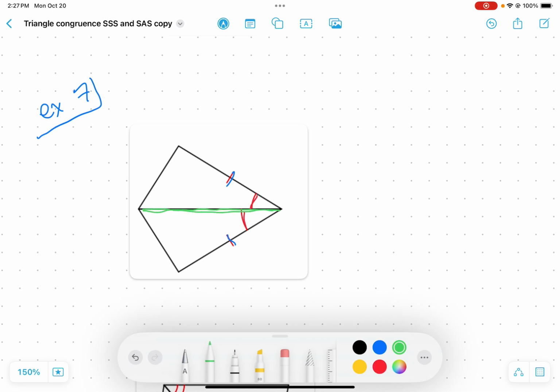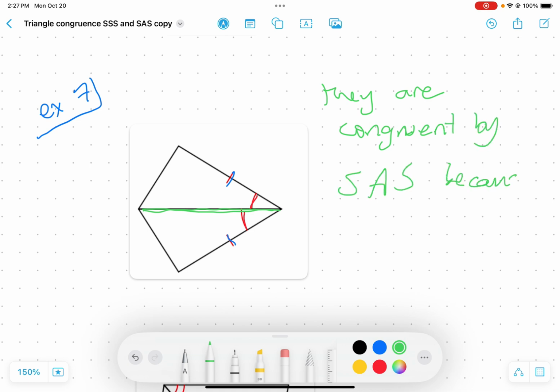So this time I can see again, they are congruent. They are congruent by side, angle, side because they share a side. And so that side must be the same because they both have that as the side.